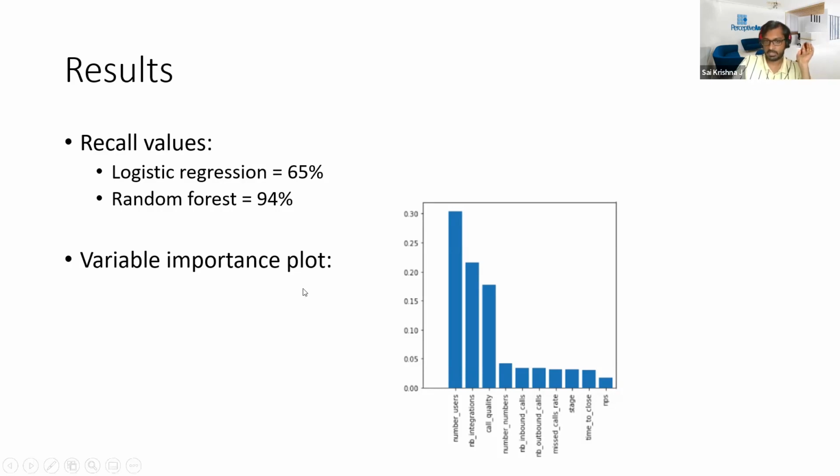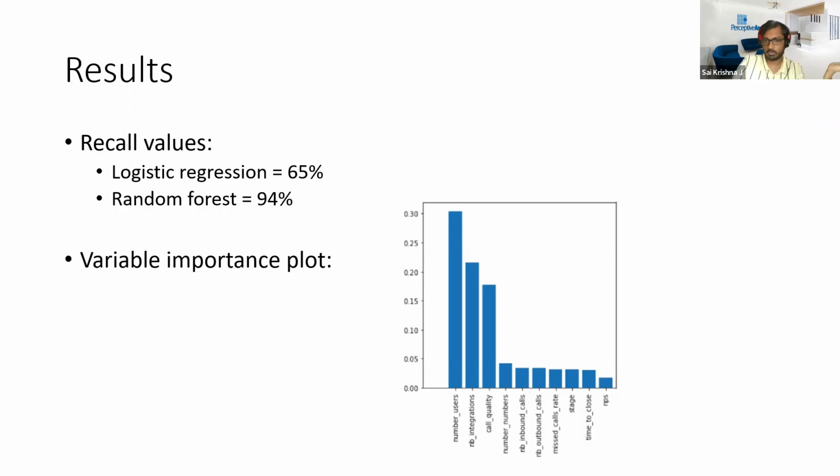The next important variable is the number of integrations. Integration also adds to the cost of switching from one operator to another. The more integrations you have, the more difficult it is for you to churn.